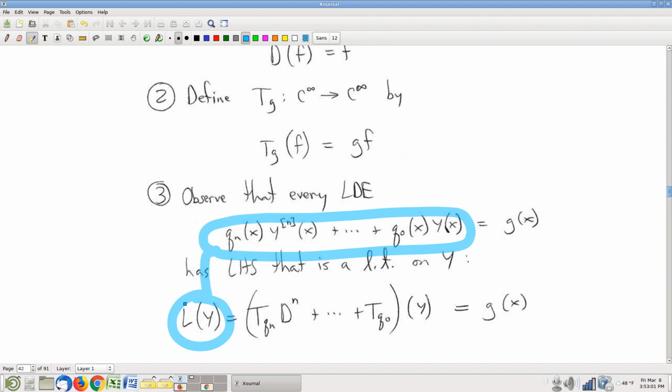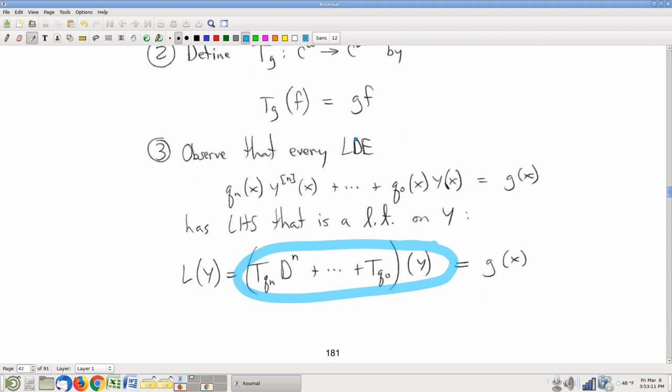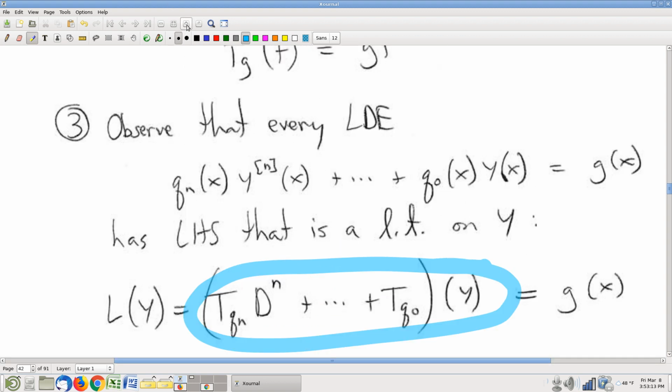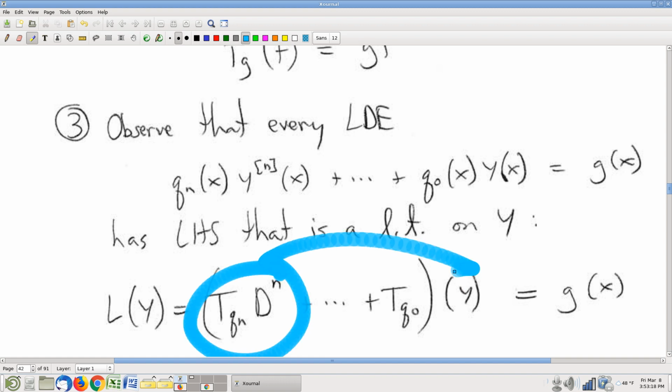All right, so the observation I want to make here is that, in fact, this does the same thing. It's just a matter of directly confirming, but here it is. Let's walk through that. What does this term do to y? Let's think it through. We've got a product. Products are defined as compositions. So we're going to take y, do whatever this says first, and whatever comes out, we're going to do this too.